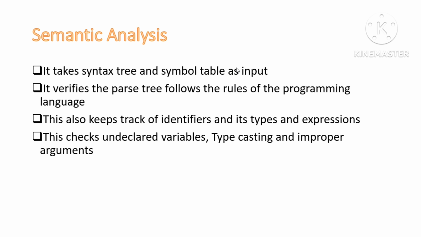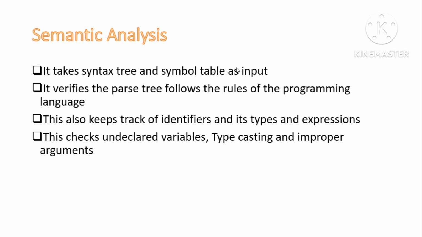Now what is meant by semantic analysis? Semantic analysis verifies the input in the symbol table, and it also performs type checking. If it adheres to the rules of the language, then the respective semantic tree or annotated parse tree will be created.